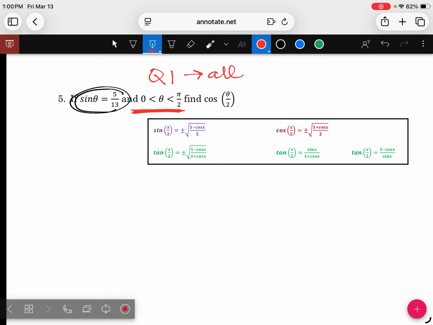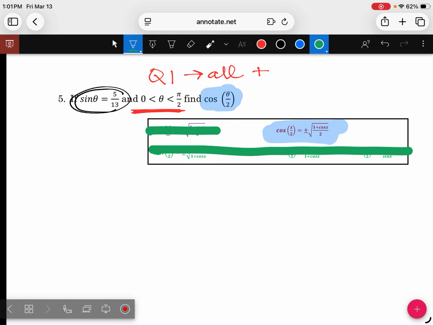And in quadrant 1, everything is positive. That's important. All right, so it's asking us to find our cosine half angle, which is this one. So I'm not looking at any of these. There's only one option. So I'm going to go ahead and rewrite that identity. So cosine half angle equals, and we said it's positive because it's in quadrant 1.